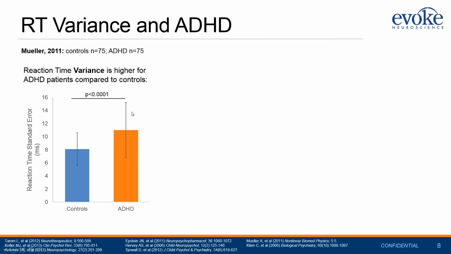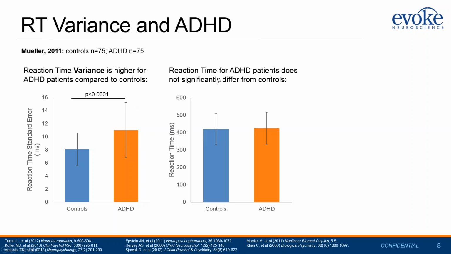And we saw that reaction time variance was significantly higher for the ADHD patients compared to controls. Now, interestingly, when they looked at reaction time itself, so just how fast were patients pressing the button, ADHD patients performed comparably to controls. So it's really the variance that's higher compared to just the reaction time itself.